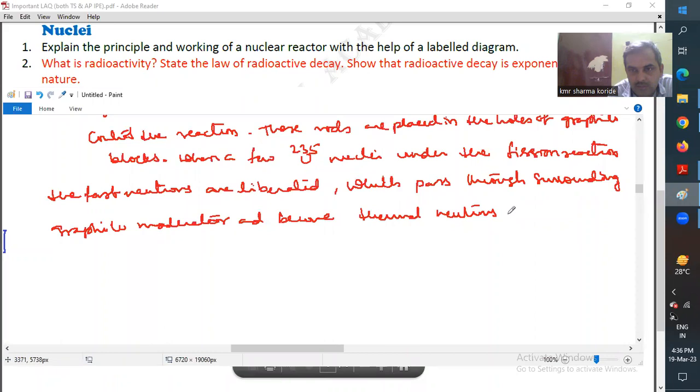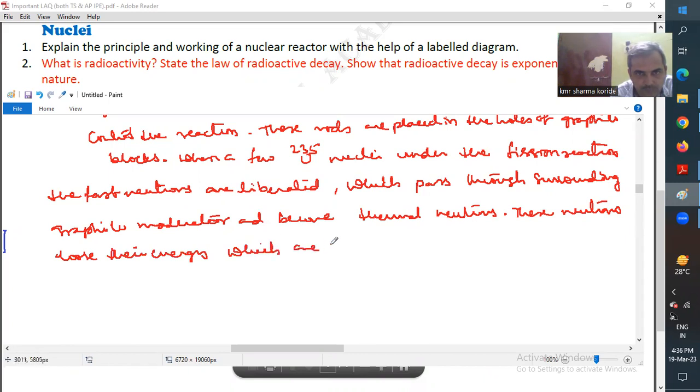These neutrons lose their energy and are captured by uranium-235.